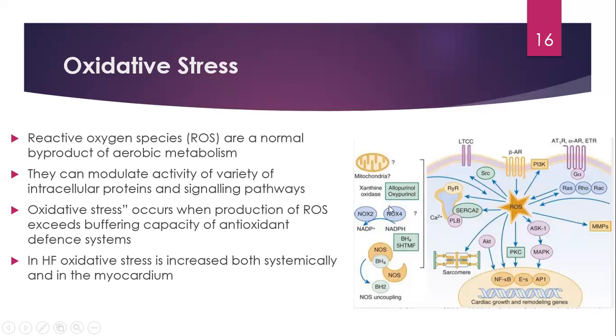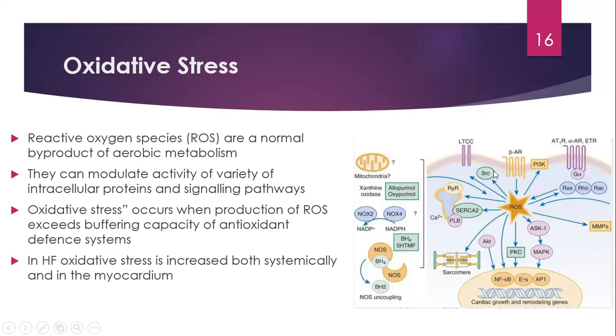So in heart failure, there is increased production of reactive oxygen species that overwhelm the natural antioxidants. And so with a high concentration of reactive oxygen species, the normal function of the cell is disrupted.